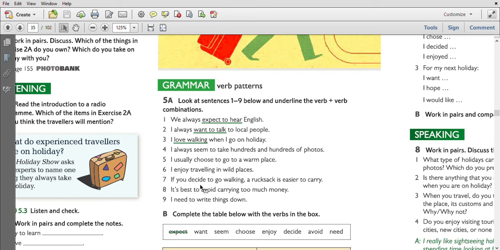It's best to avoid carrying too much things. In this sentence, we choose avoid carrying. And the last one, I need to write things down. And here we choose need to write.